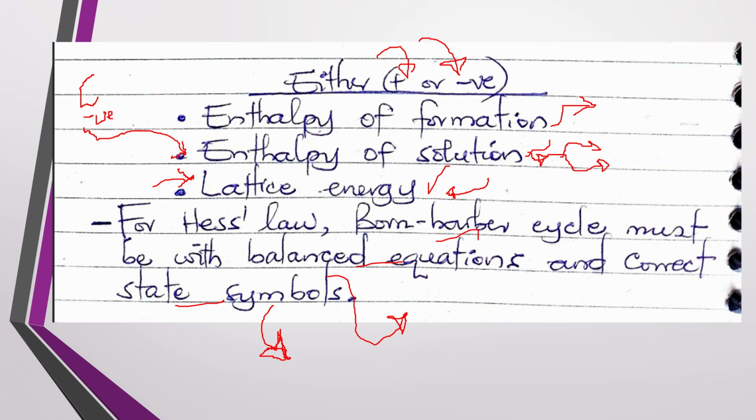After ensuring that the main equation is balanced, you have to make sure that each and everything is presented in its standard state. Without states, you don't get any mark. So for thermochemistry, we are very strict. Make sure that states are well stated, symbols are well written, and the main equation is well balanced.